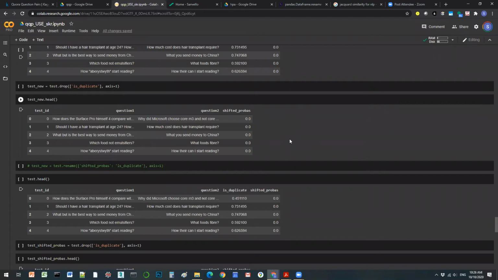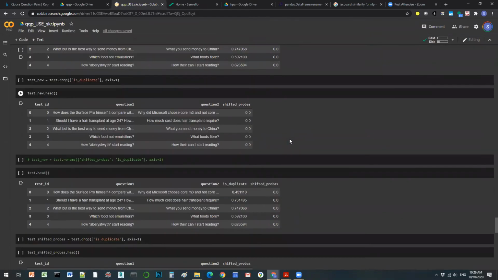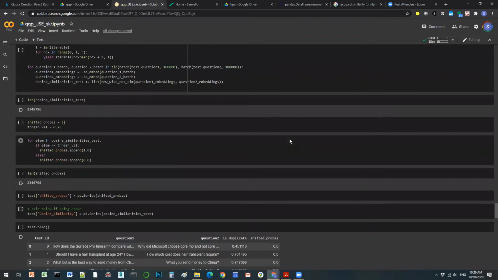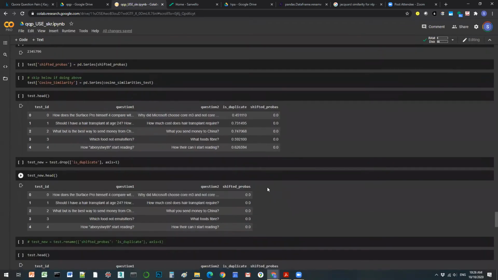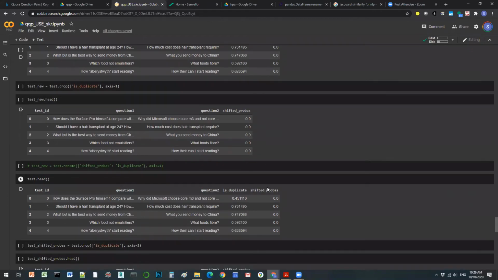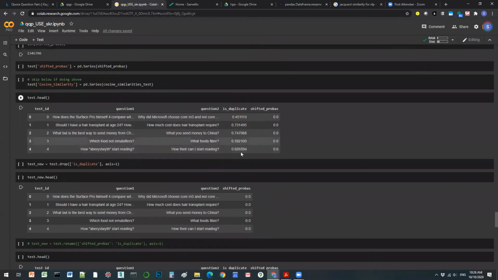And part of the reason I felt this is, because what we are doing when we say just use the cosine distance as a probability is basically saying greater than 0.5 is 1 and less than 0.5 is 0.